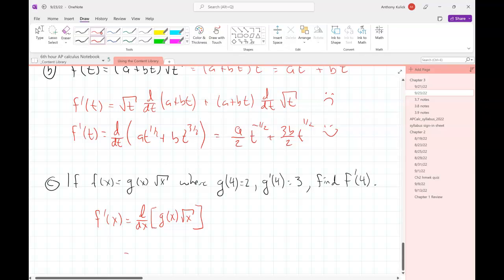Pretty clear-cut case of this being a product rule situation, where I have two functions clearly multiplied together. Since g of x is just written abstractly, there's no combining of like terms that I can do here.